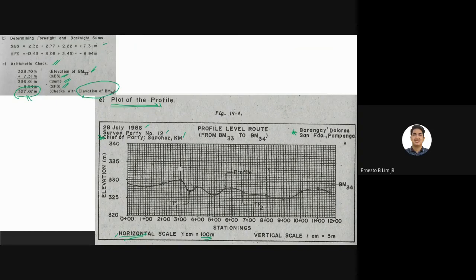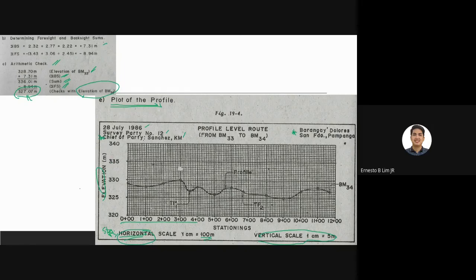Okay, this is for stationing, guys. For horizontal, this is for your stationing. Then you must also have a vertical scaling for your elevations. So 1 cm for your vertical scaling is equivalent to 5 meters for actual measurement.